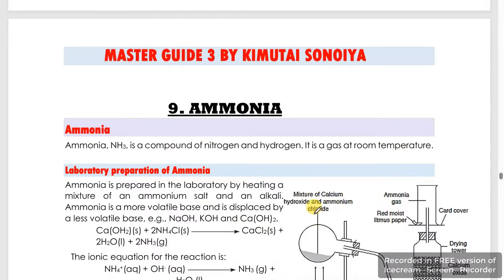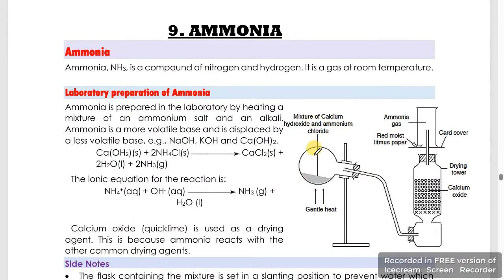Another gas is ammonia gas. How is ammonia gas prepared in the lab? You heat gently a mixture of calcium hydroxide and ammonium chloride. And this is how the gas is collected, by upward delivery, meaning it is less dense than air. And these are the equations which you need to know how they are written.